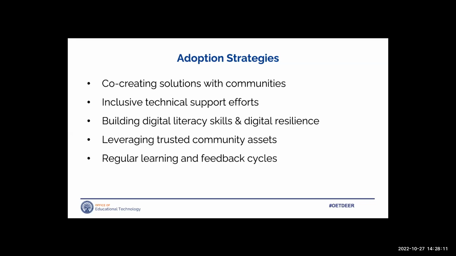And it's also important to ensure that learners and other community members have an opportunity to openly provide feedback as adoption strategies are being implemented, so that leaders gain insight into what's working and requires scaling, as well as what's not working and needs adjustment.